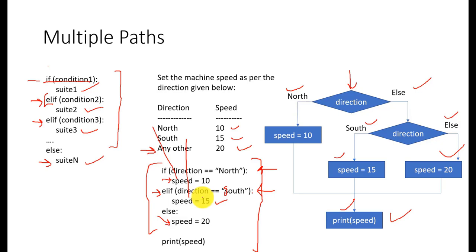In this particular example, both conditions are evaluating the same variable, direction, but this is not the case always. The second condition, this elif condition, may be totally different than the previous condition. So these two conditions are totally independent of each other.